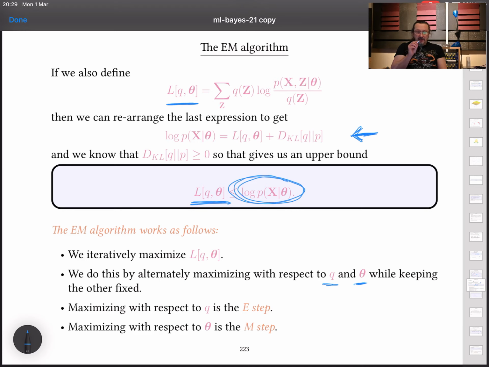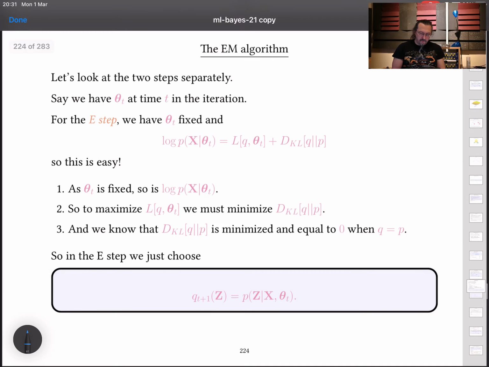Now, maximizing with respect to Q is called the E step, expectation, and maximizing with respect to theta is called the M step, maximization, the EM algorithm. So the only thing that's left is to look at how we do this. How do we do this iterative maximization with respect to Q and with respect to theta?